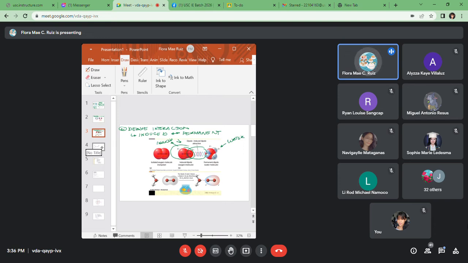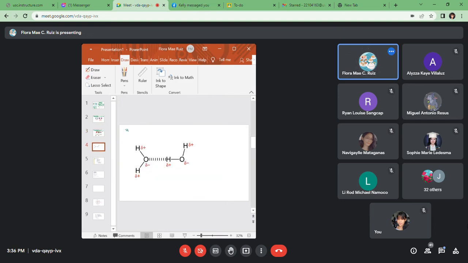Okay, last but not the least, the P-SOM interactions. If the interactions are between molecules that are permanently polarized, we call that P-SOM interactions.